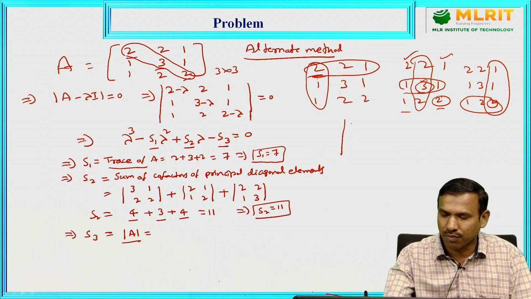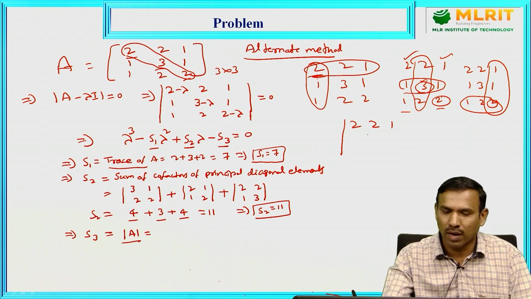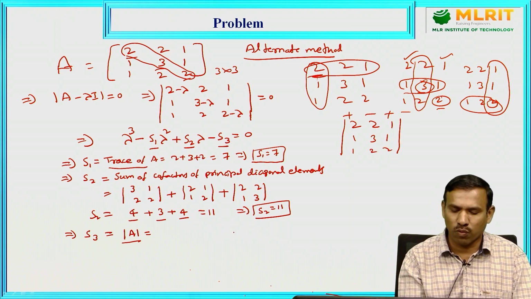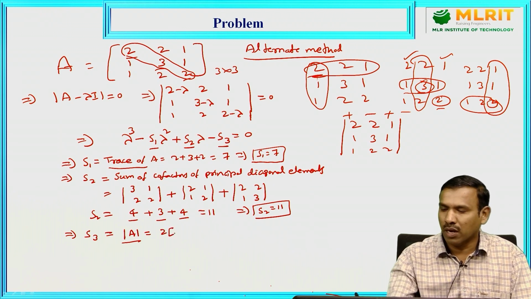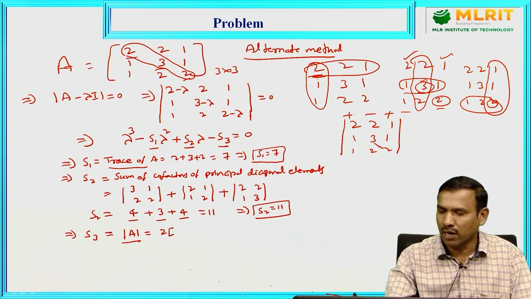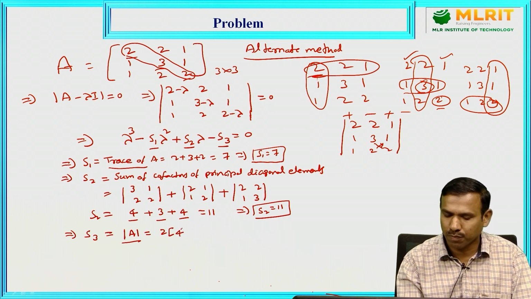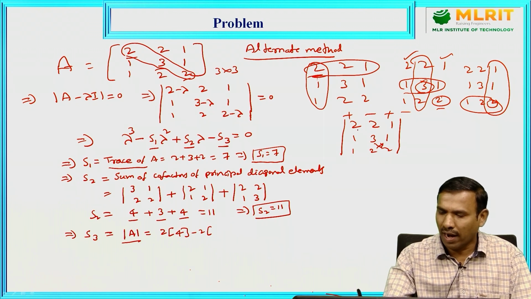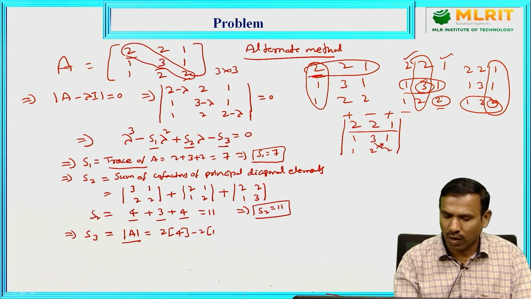Say the determinant of 2, 2, 1, 1, 3, 1, 1, 2, 2. Determinant means expanding along any one of the rows. So the first 2, as usual, we are expanding, leaving the row and column. So 3 and this one, 3 times 6 minus 2, 4. Directly I am writing minus 2, leaving the second row and first column: 1 times 2, 2 minus 1, 1.